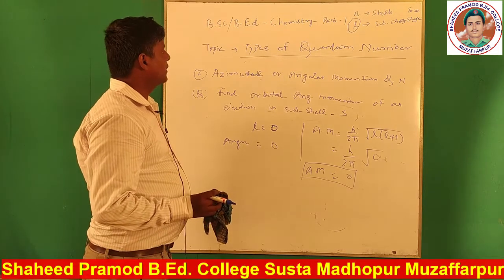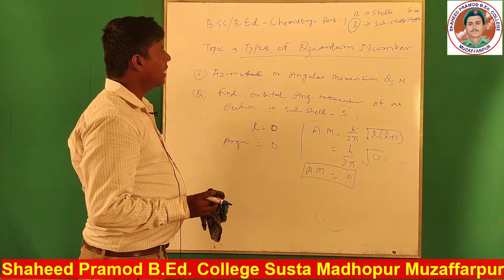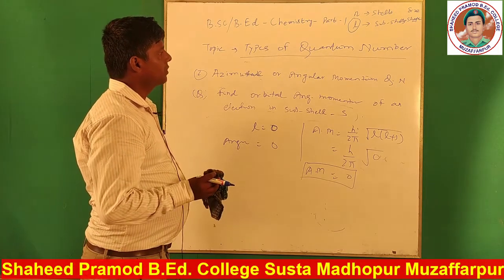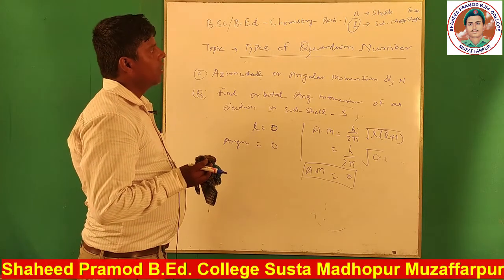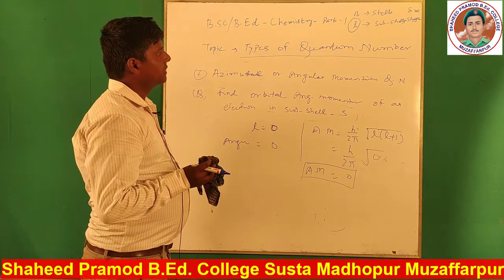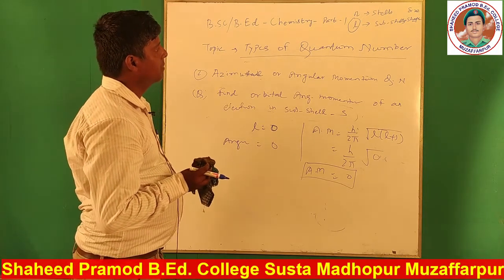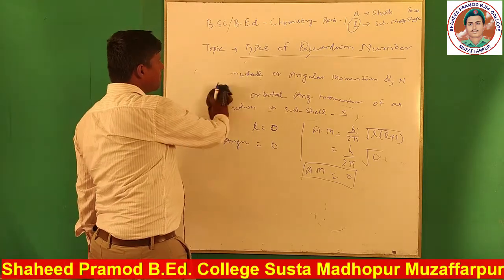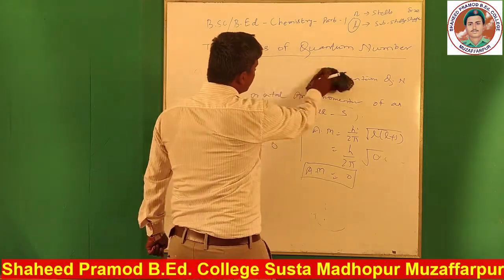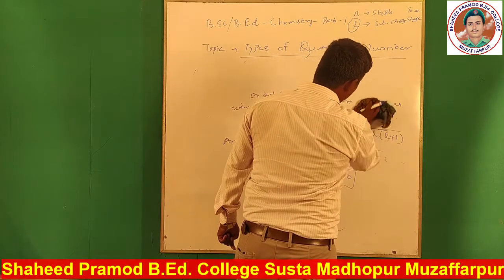So, what are the highlights of this azimuthal quantum number? It gives the motion of an electron, it gives the information of subshells in the shells, and it describes the shape of an orbital present in the subshells. So, there are three basic things you have to remember about this. One is motion or angular momentum.